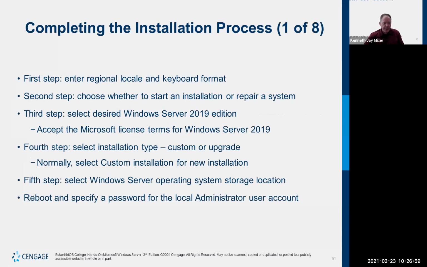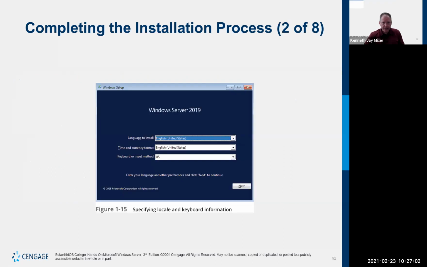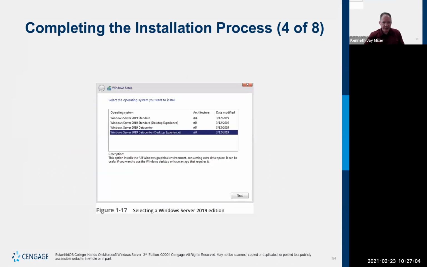All right, so I'm going to stop right here and let you go through some of these; they're just what it looks like. I do want to highlight this. Whenever you install a server in this class, make sure you're on the bottom one here, which is Windows Server 2019 Data Center with the desktop experience, which means it's the GUI. If you do the standard or just the data center, it's not going to have the GUI, and all you're going to have is the server core version, which you'll be like, hey, where do I click here?